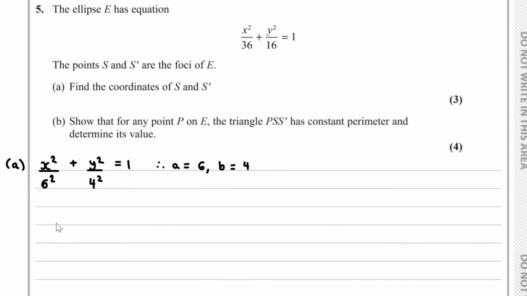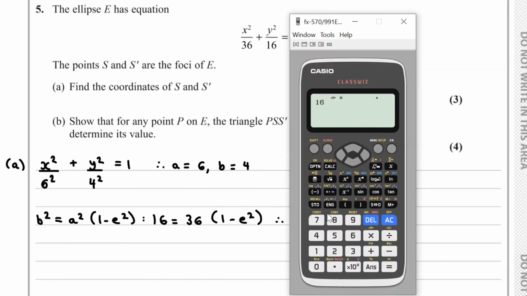So we've got b squared equals a squared lots of 1 minus e squared. So we've got b squared, which is 16. This is equal to a squared, which is 36 lots of 1 minus e squared. And if we solve for e, well, we have 16 over 36.